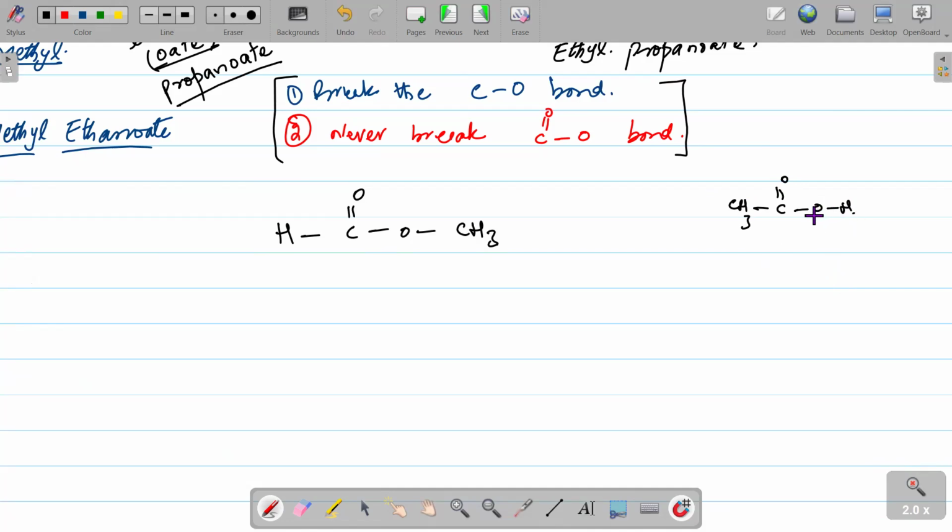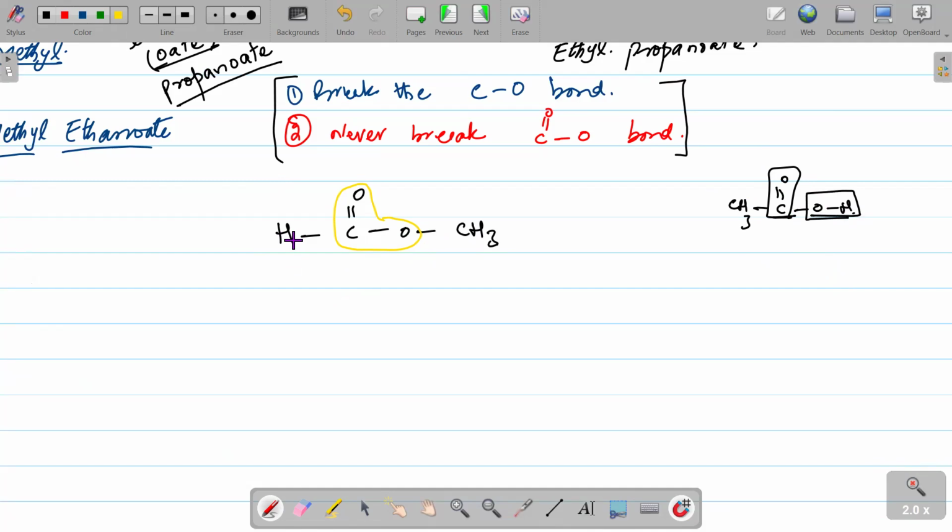Carboxylic acids have OH bonded with C double bond O. Here, C double bond O is not bonded with OH. You can see that C double bond O is present in the center, with methyl on one side and hydrogen on the other. So it is an ester.